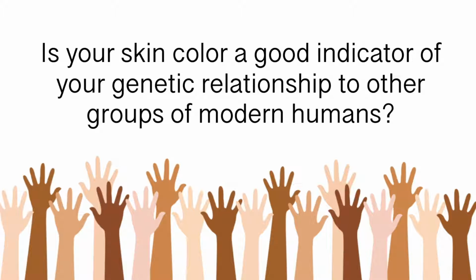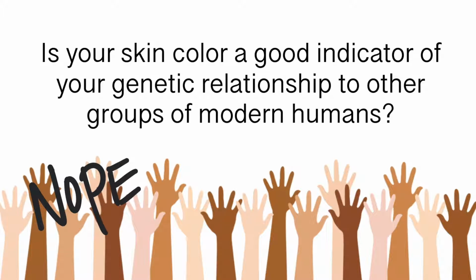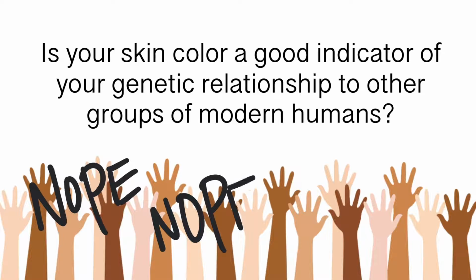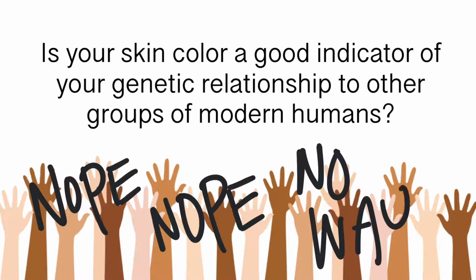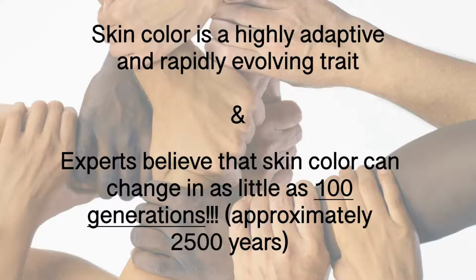Now, it's a common misconception that the answer to a question like this would be yes. But in truth, the answer is no, absolutely not. Your skin color is not a good indicator of how closely related you are to another human being.